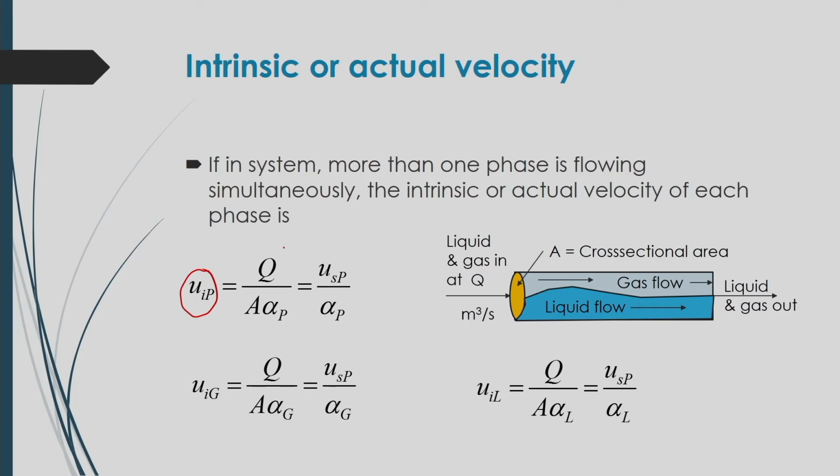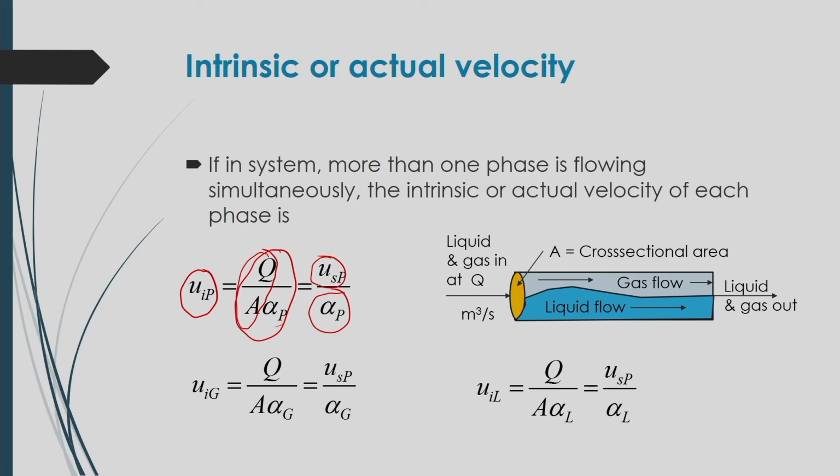So, UIP will be equal to Q by A into alpha P. In this case, Q is the volumetric flow rate, and alpha P is the volume fraction of that particular phase. Q by A is nothing but USP, that is the superficial velocity, and alpha P is the volume fraction of that particular phase.